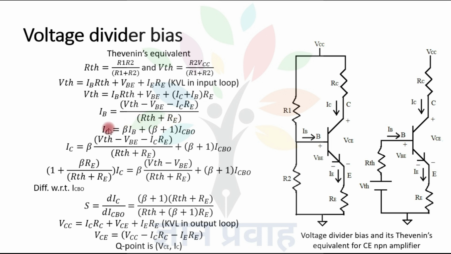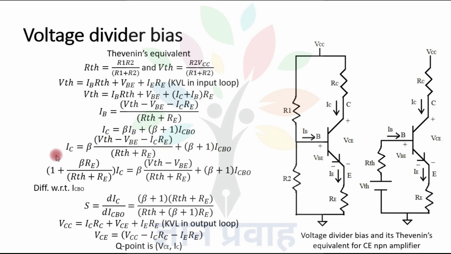We know the expression for output current in the common emitter configuration: IC equals beta IB plus (beta plus 1) ICBO. In this expression we are simply replacing the value of IB. IC equals beta (VTH minus VBE minus IC RE) upon (RTH plus RE) plus (beta plus 1) ICBO, where the first term is equivalent to beta IB from the previous equation.